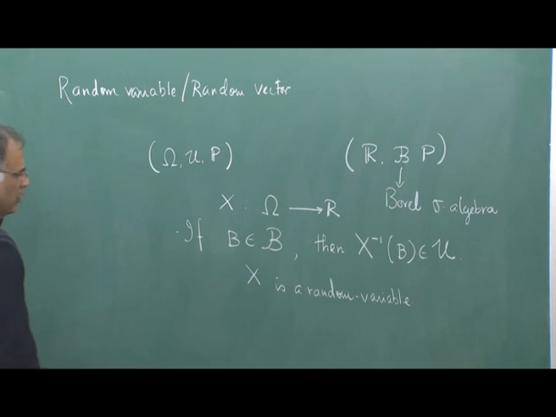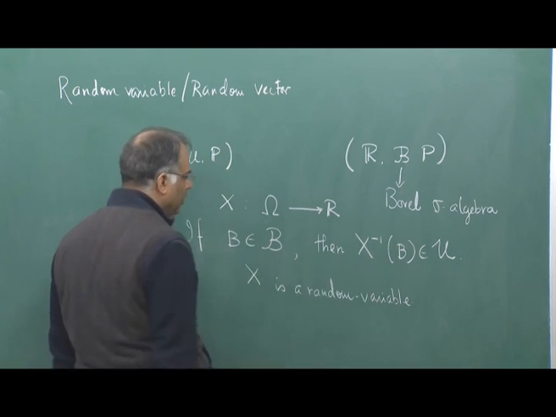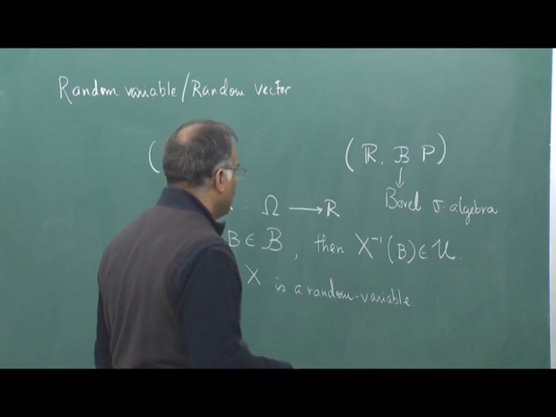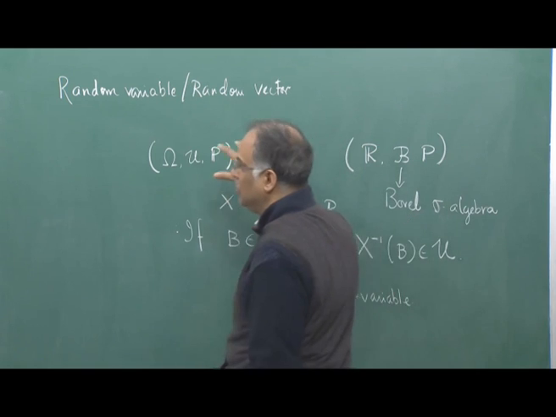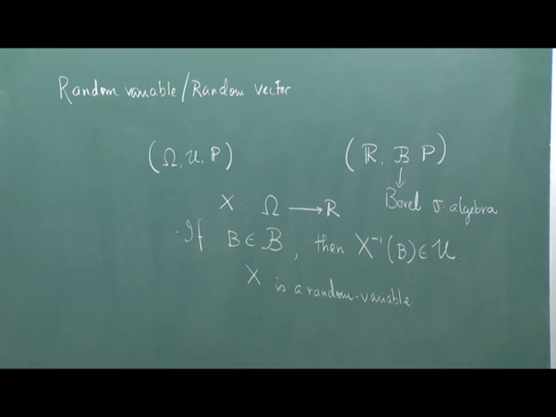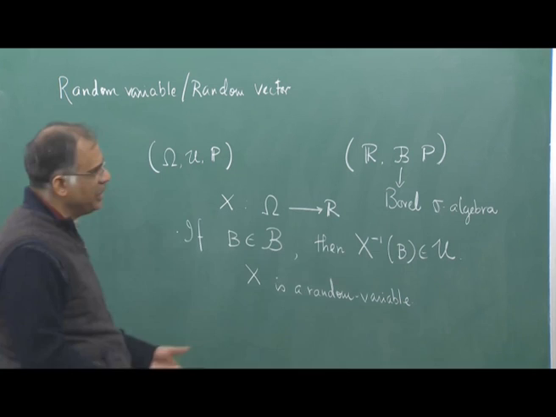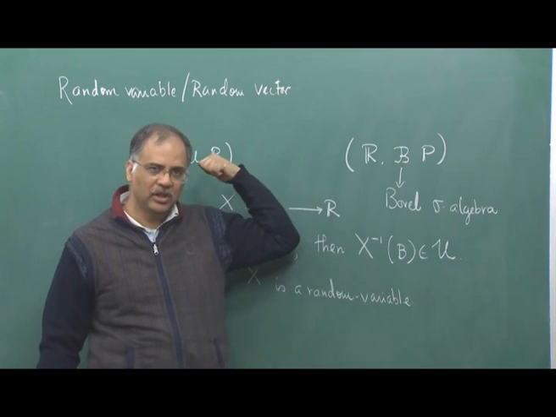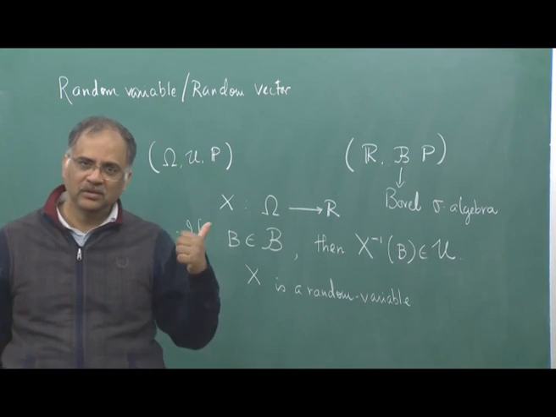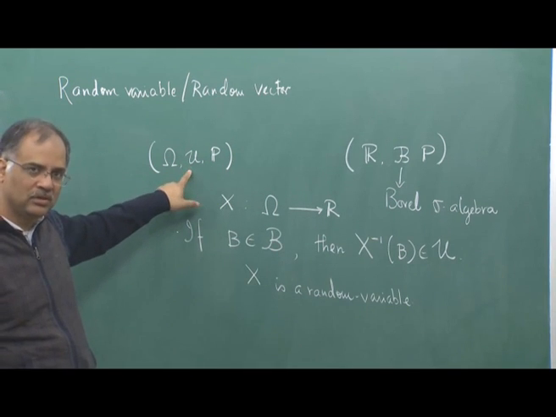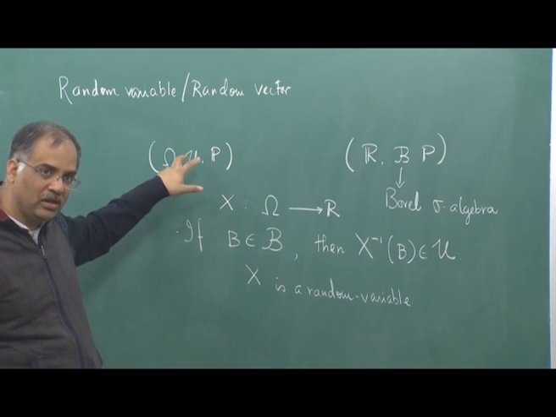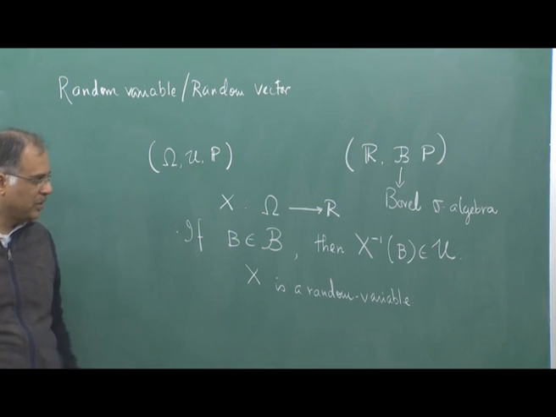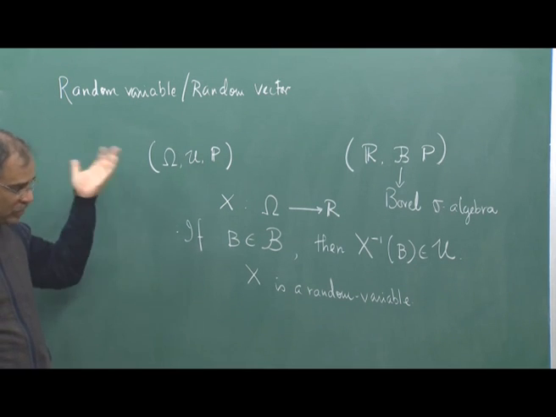This property is called the measurability property, that the inverse image of an event in the range space is also an event in the domain space. So, if you take an event in the range space and pull it back, take the inverse image, then it will map to some event in the actual space, the decision space or the domain space.